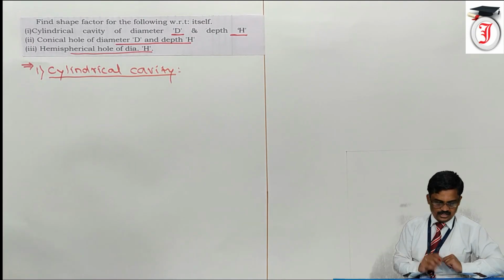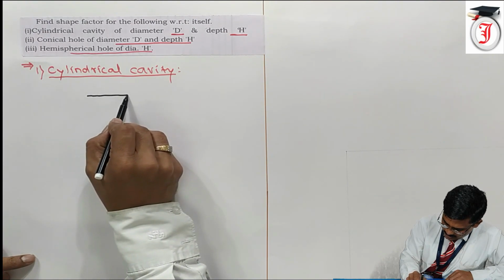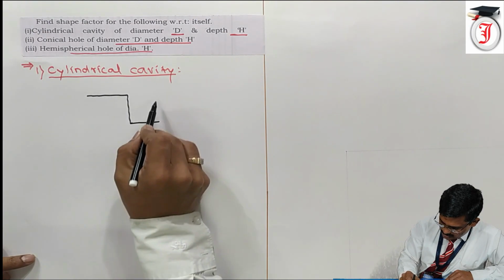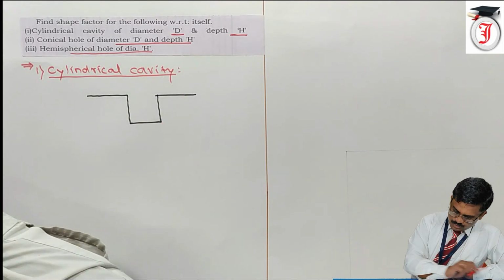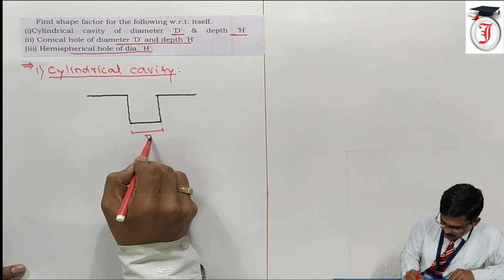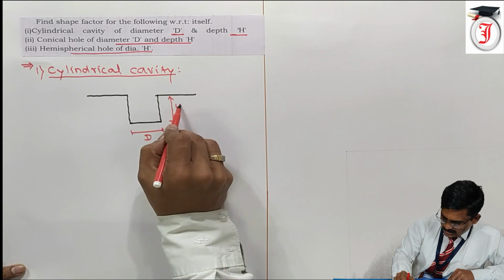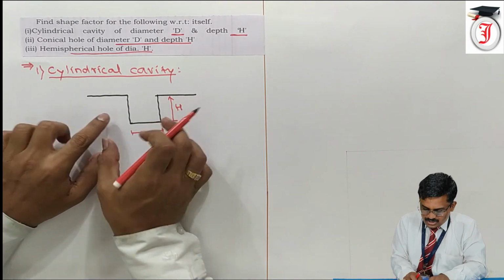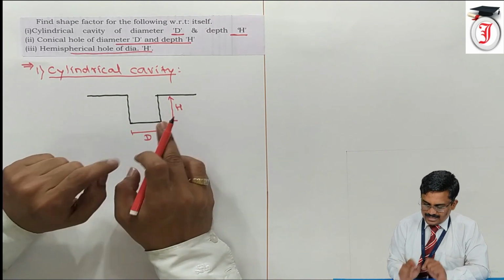Suppose this is a surface and there is a cylindrical cavity in a surface, which has diameter d, and height h. So this is cylindrical cavity having diameter d and height h.